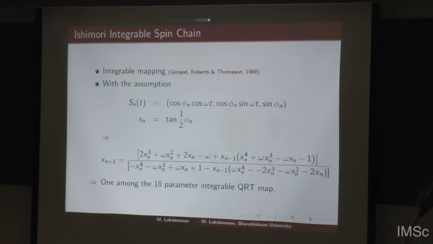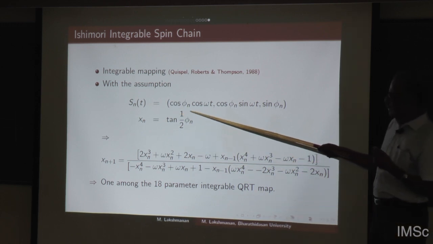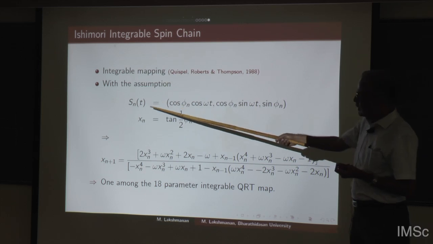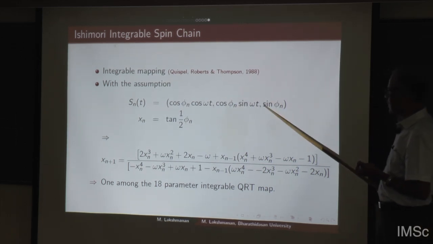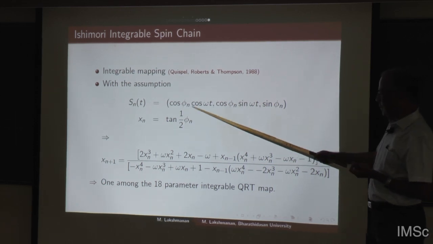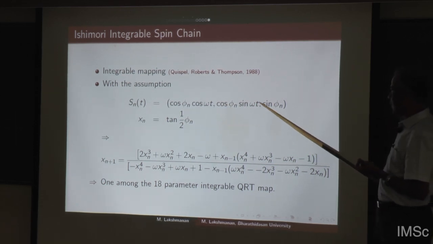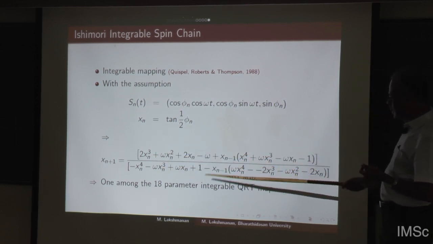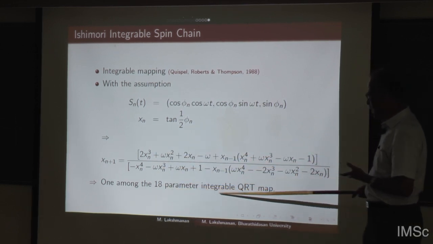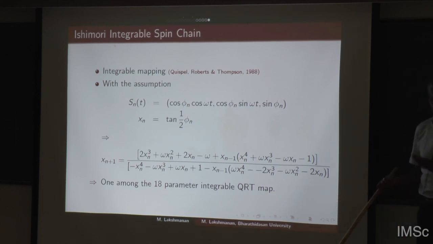Perhaps I will skip all that. Then another interesting point is that in this spin system, if you introduce this kind of parameterization, cos phi n, cos omega t, cos phi n, sin omega t, sin phi n, then you end up with this map. This is one of the 18 parameter integrable QRT maps and so on.